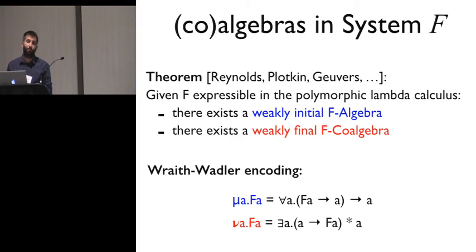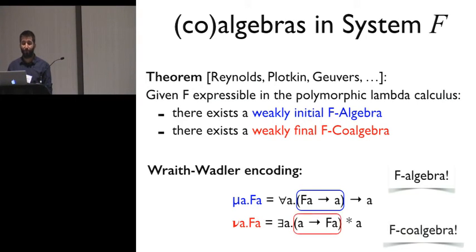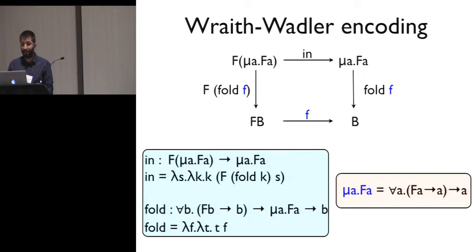So this encoding uses two ideas. It uses polymorphism, and in particular, in the case of the initial algebra, I have a polymorphic algebra, and in the case of coalgebra, I have a polymorphic coalgebra, and it also uses the idea of continuation. Here is the encoding. I don't want to go through all of it, but let me try to observe a few things.